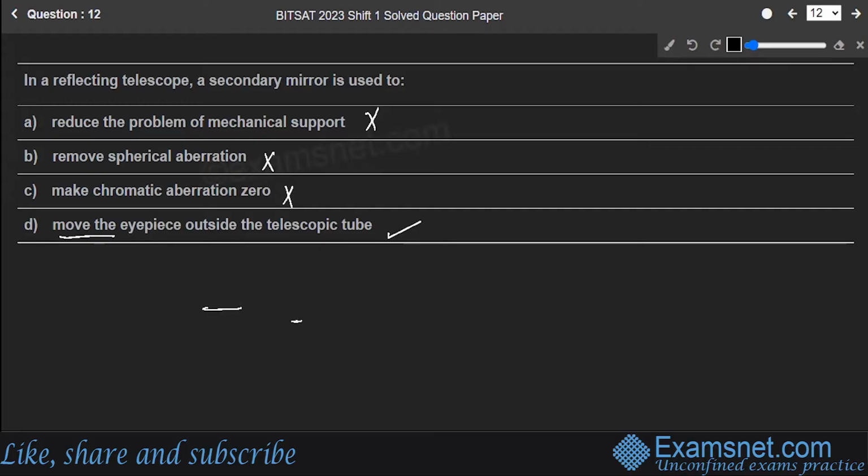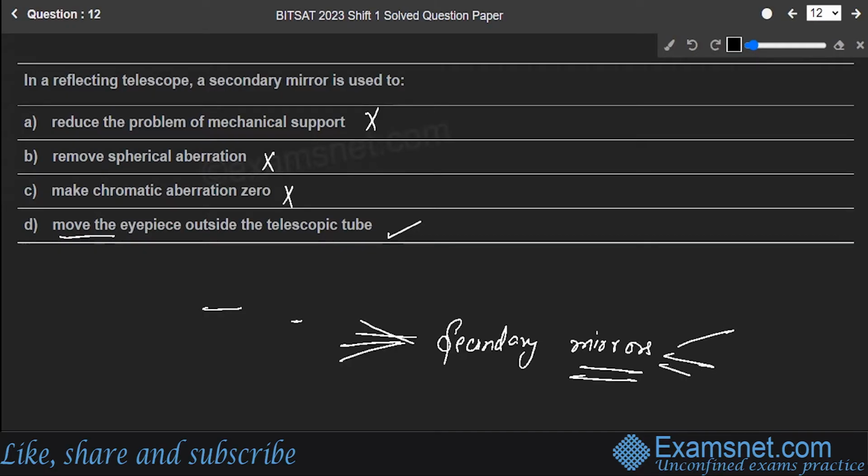The primary mirror of the reflecting telescope gathers all the light, reflecting towards the secondary mirror, which then reflects the light towards the eyepiece, allowing the observer to see an object. It has an advantage of large focal length in a short telescope. That makes D the correct choice.